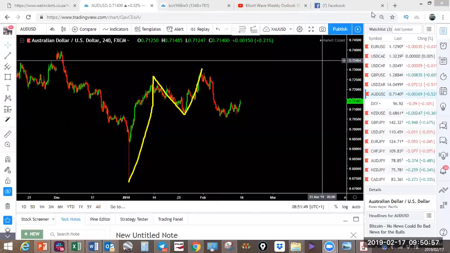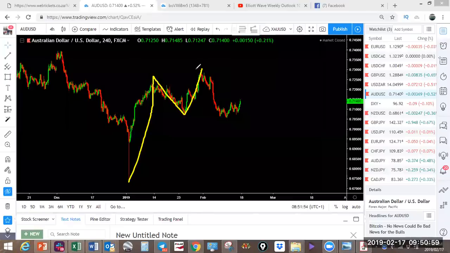Okay, so this is what we're looking at here. So this could be the orthodox high, or this could be the orthodox high. So if this is the orthodox high, you could be expecting that you will have a move here like this before we go up.